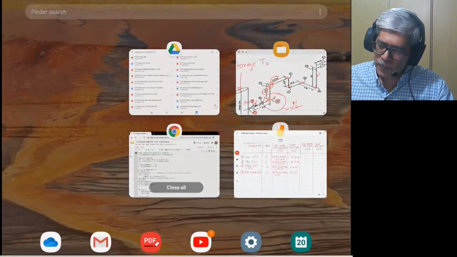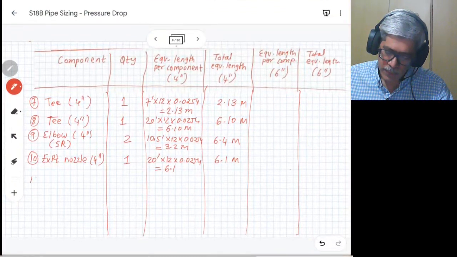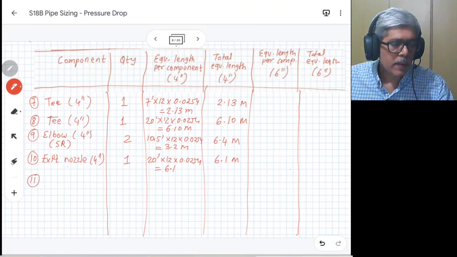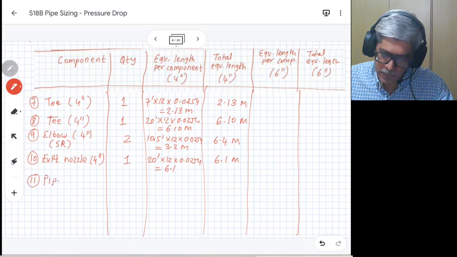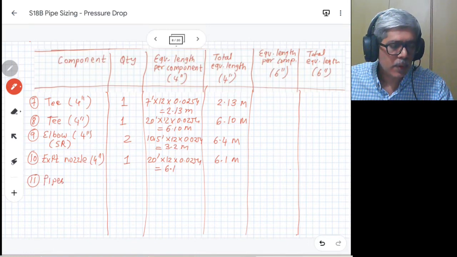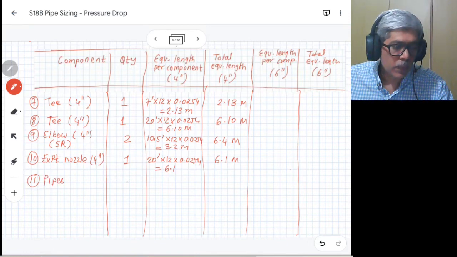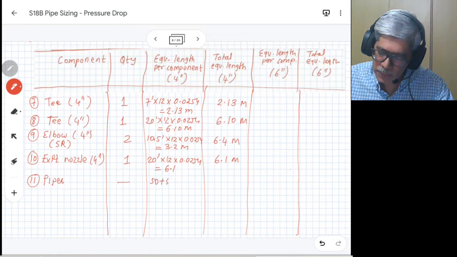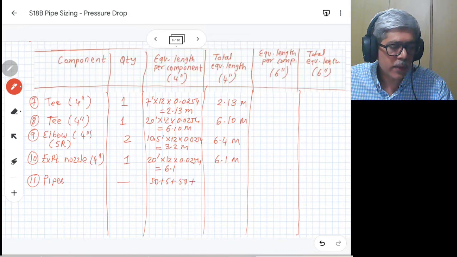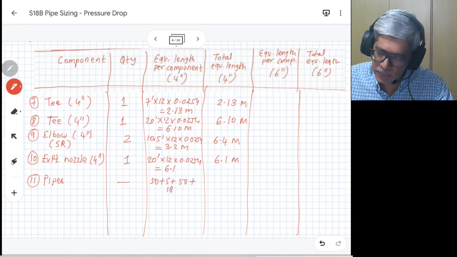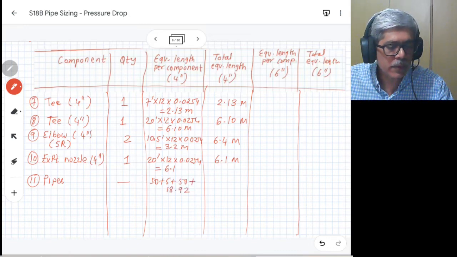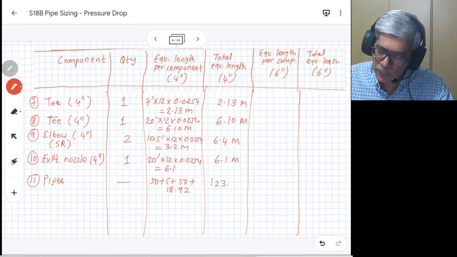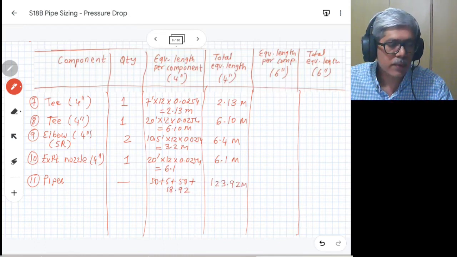So if we add up all the straight pipe lengths, the next is straight pipes. For 4-inch pipe, the length is 50 plus 5 plus 50 plus, I'm just adding up all the lengths which are given corresponding to 4-inch. So that comes to 123.92 meters.